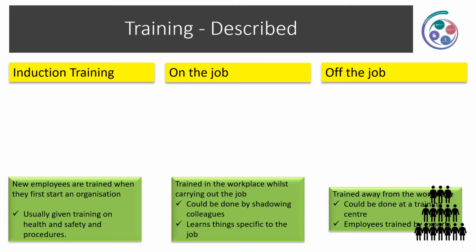On-the-job training is when you're trained in the workplace whilst carrying out a job, and it could be done by shadowing a colleague or learning things specific to a job. And off-the-job training is when you're trained away from the workplace, which could be done at a training centre, and it's usually experts that deliver the training.